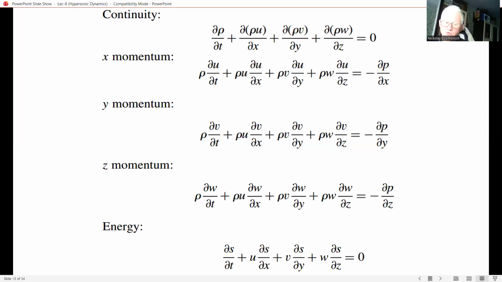So the governing Euler equations for two or three-dimensional steady flow reduce exactly to simply differential equations in one less space dimension, called the compatibility equation along the characteristic.